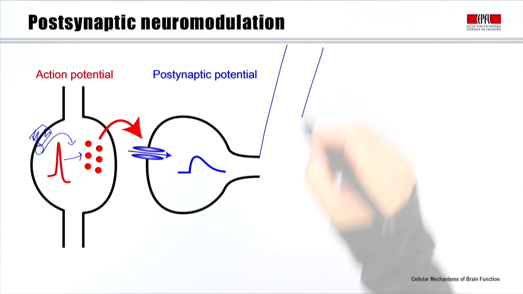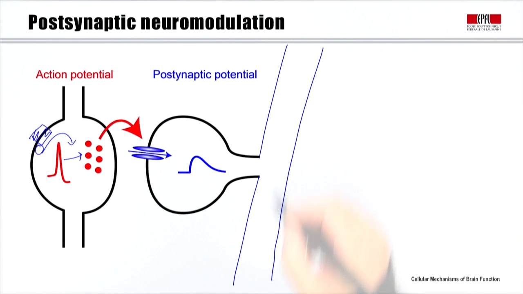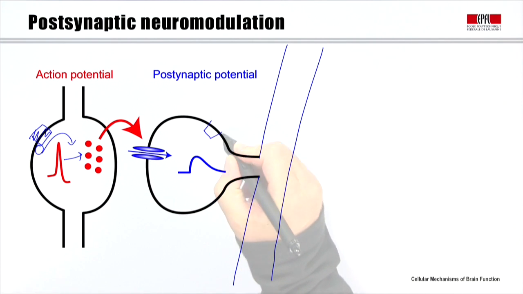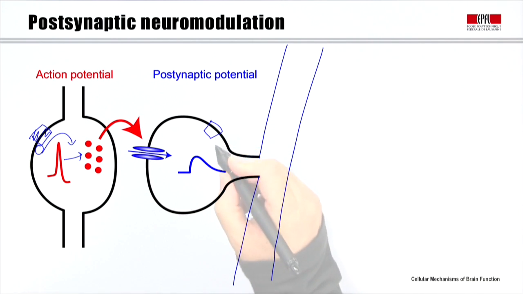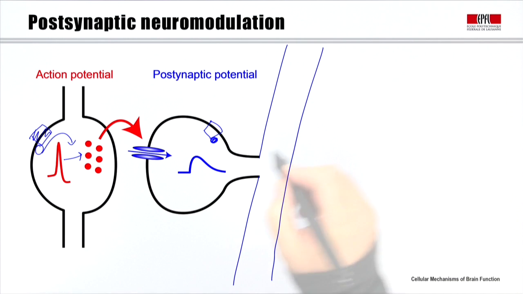And so here, if we think about a postsynaptic specialization and a dendrite that'll hook up to the soma of a cell, there will also be receptors, 7 transmembrane receptors, decorating the postsynaptic membrane. And so we can imagine having a 7 transmembrane receptor here coupling to a G protein, and that then might affect various cellular processes here in the postsynaptic neuron.